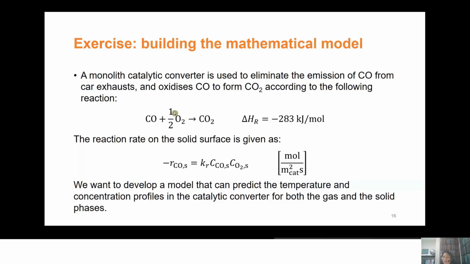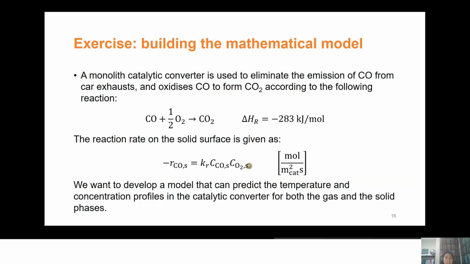Note that this reaction rate expression is in terms of the surface area of the catalyst. The units are mole per square meter of catalyst surface per second, whereas typically we write the rate per cubic meter of reaction mixture, or per unit volume of the reactor.